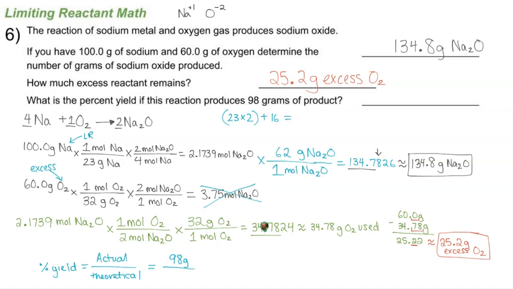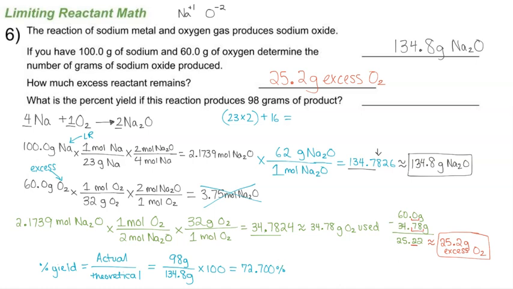So we'll just divide by that, 134.8 grams. And then of course we'll multiply by 100 to get to a percentage. So 98 divided by 134.8 gives me about 72.700%. And of course we should round this to correct sig figs.